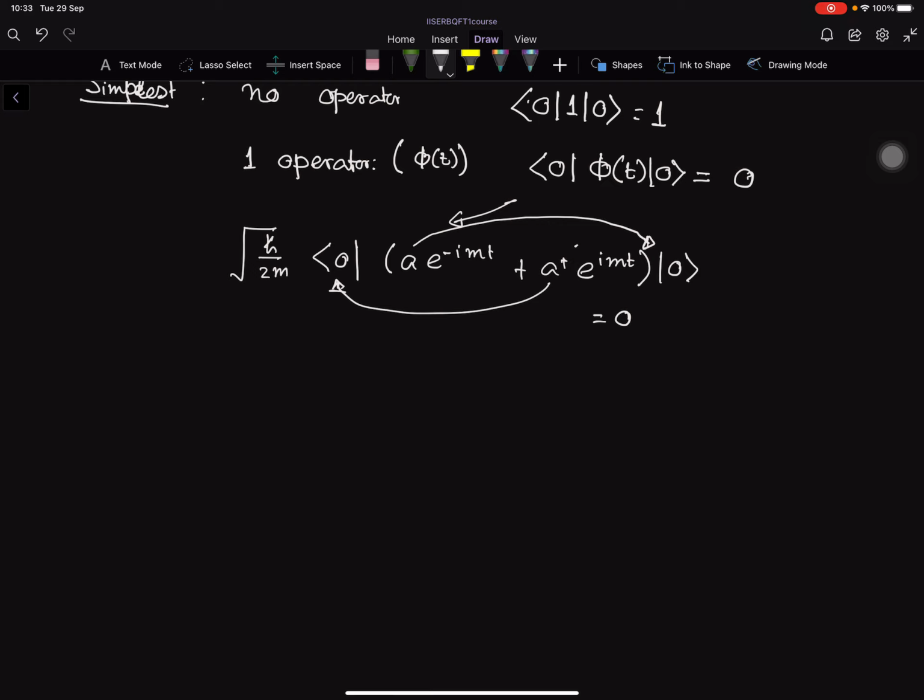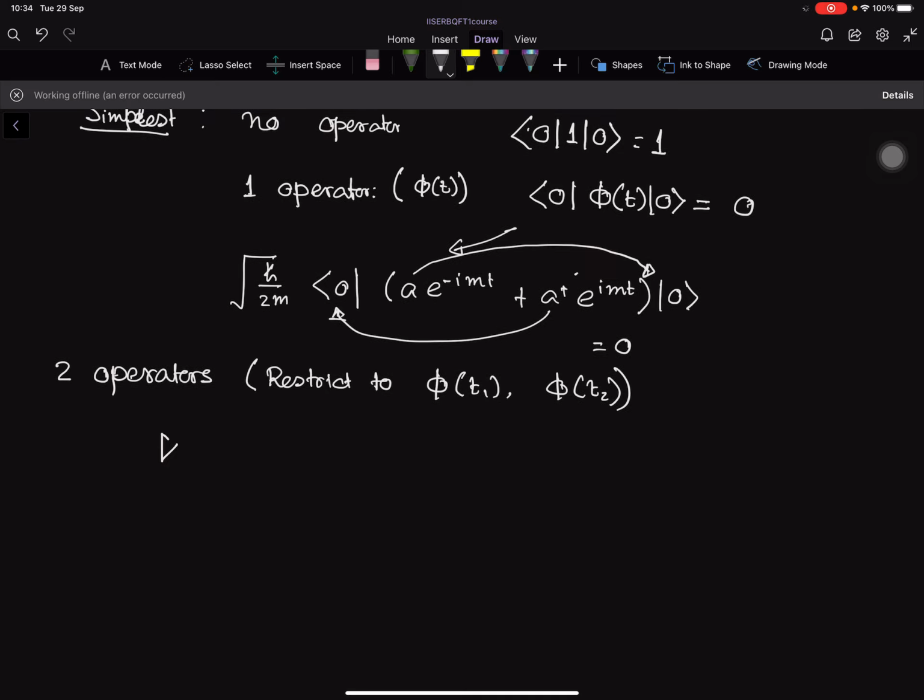So then the next non-trivial thing is two operators. Again, let's restrict to phi(t1) and phi(t2). All these discussions can be generalized to most general operators, but just for the sake of simplicity, let's go to the simplest two operators, phi(t1) and phi(t2).